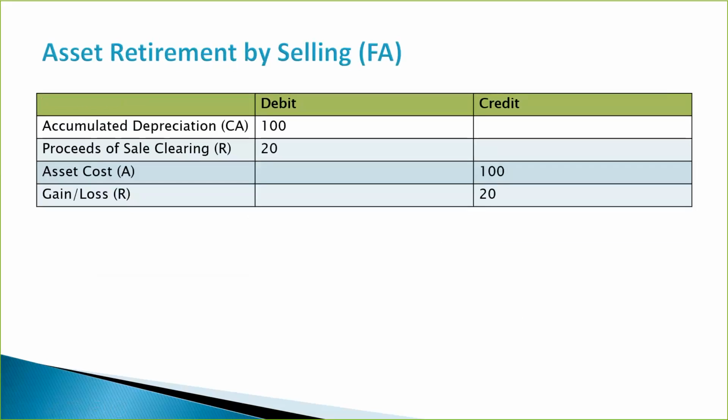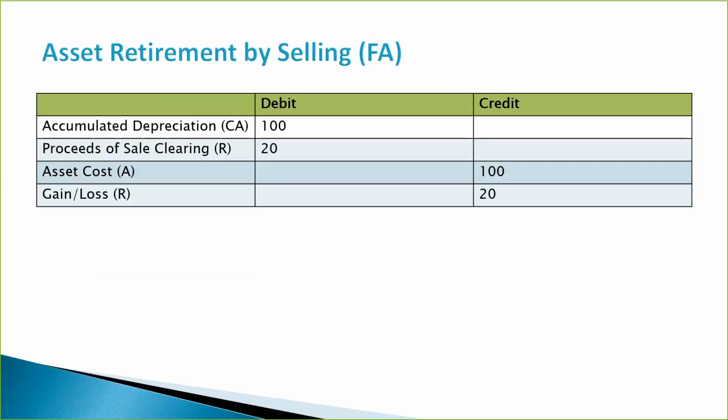So what would happen in FA when you do this retirement? First, we are assuming that this vehicle has been fully depreciated, so there's no book value loss, but we are going to sell it for a particular amount anyway.